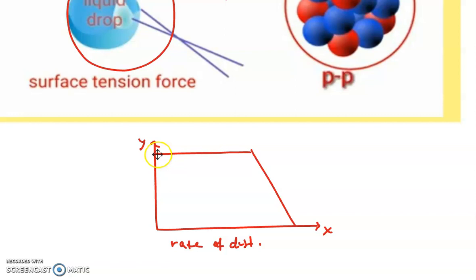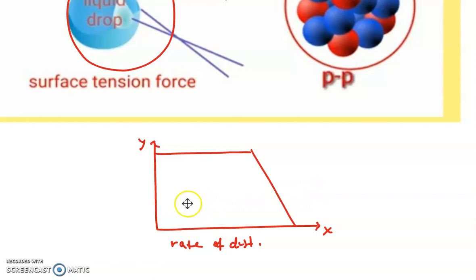The charge density, as you can see, is always constant and drops at the surface. It drops at the surface, and this will always be equal to zero, or what we call the state of equilibrium. And this is the relationship that exists between the drop of a liquid and that of the nucleus.